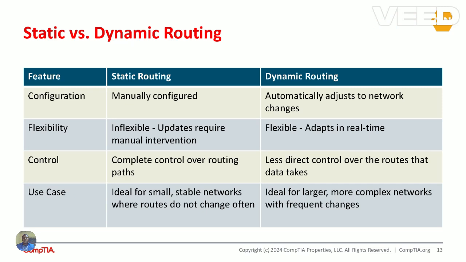Under the dynamic routing technologies, let us notice what static and dynamic routing is all about. We are going to mention the features of static routing and dynamic routing. One of the features is configuration. Static routing is configured manually, while dynamic routing is automatically adjusted to network changes.